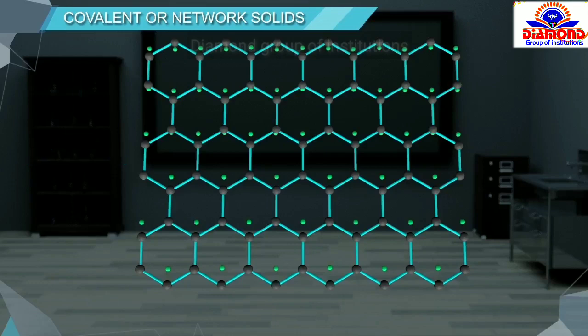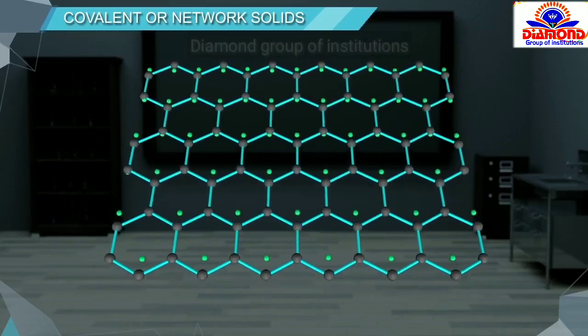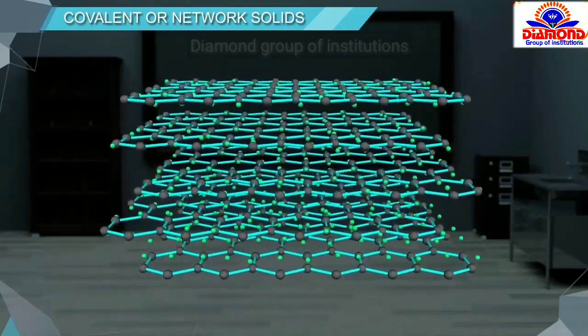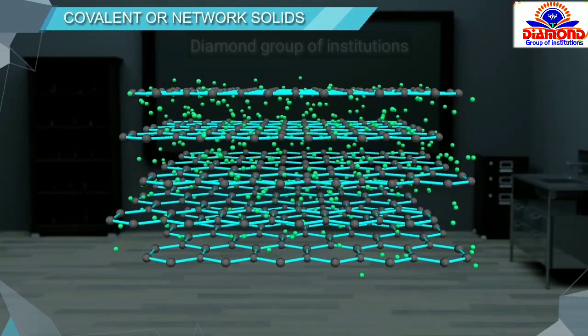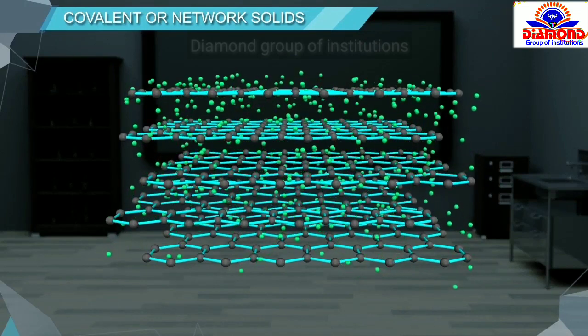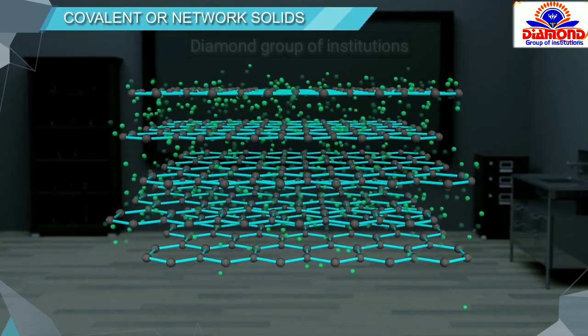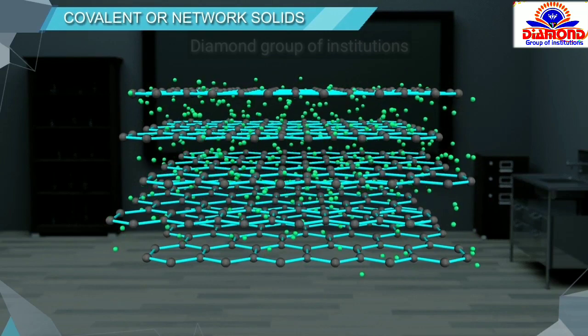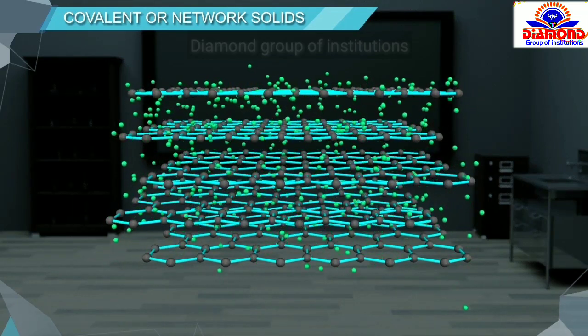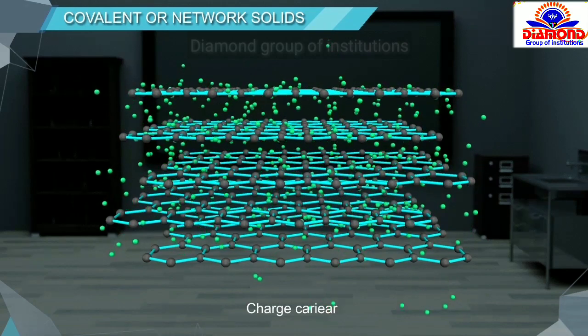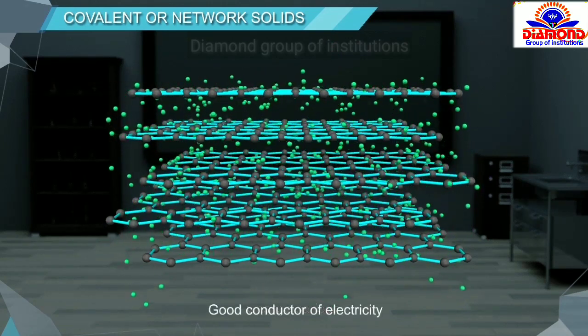The 4th valence electron of each carbon atom remains unbonded and is present between the layers. This fourth valence electron is free to move within the structure. When potential difference is applied, these free electrons act as charge carriers and make graphite a good conductor of electricity.